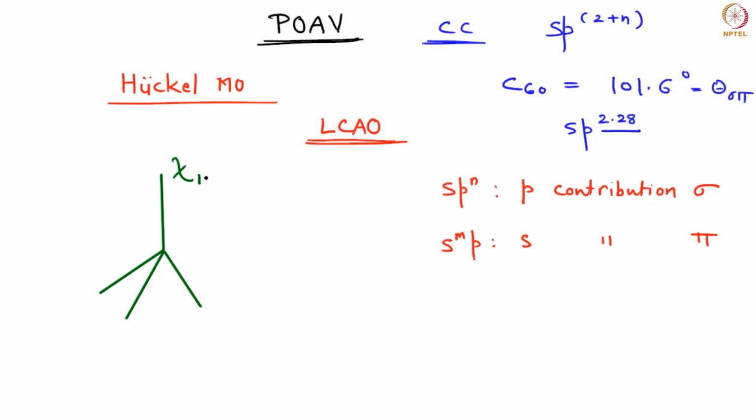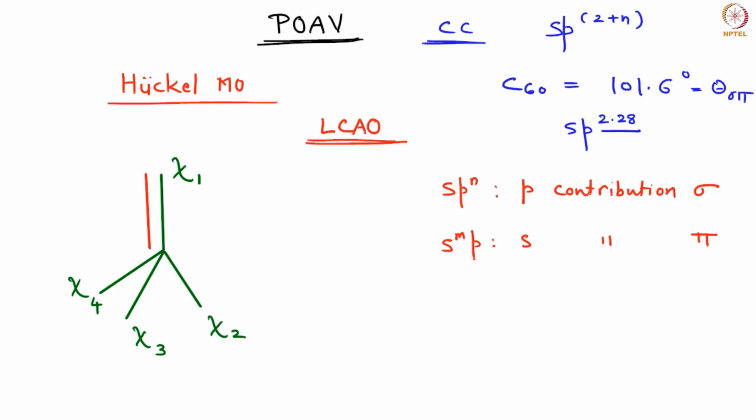In the case of sp3, it is one of the hybrid orbitals. So chi1, chi2, chi3, and chi4 are my four hybrid orbitals in a general case. And chi1, as you can already see, is parallel to your pi orbital axis vector, so basically parallel to the pz.